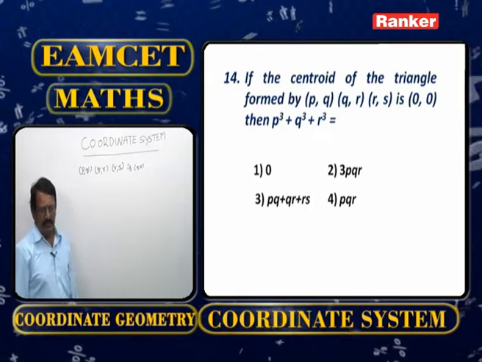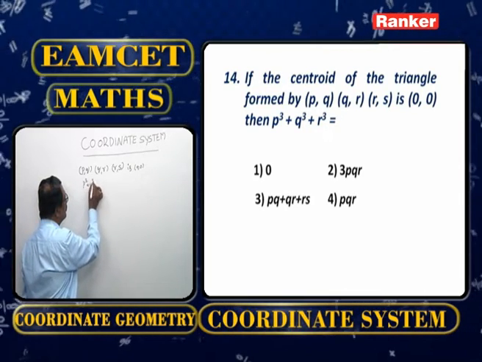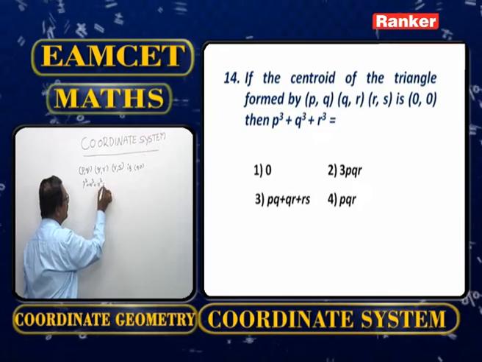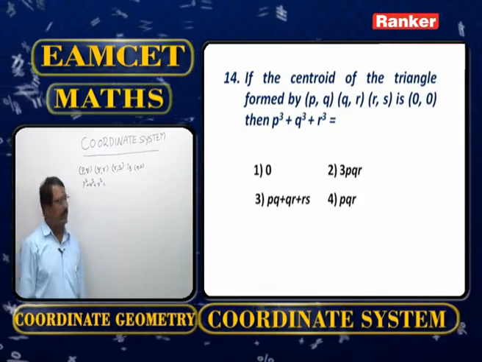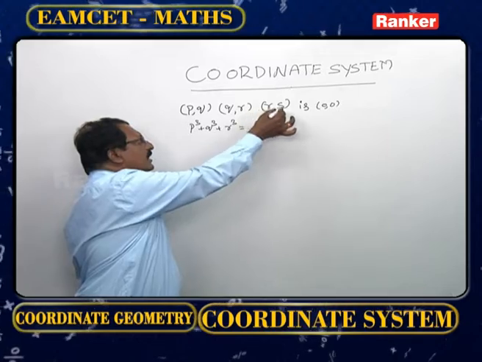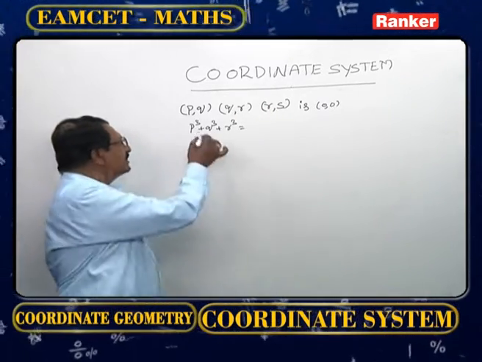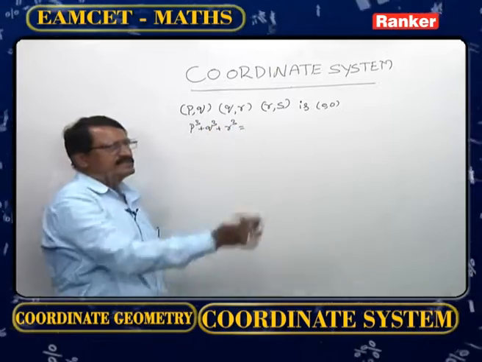Then find the value of P cube plus Q cube plus R cube. Now the vertices of the triangle are given, and the centroid of the triangle is the origin. We require the value of P cube plus Q cube plus R cube.